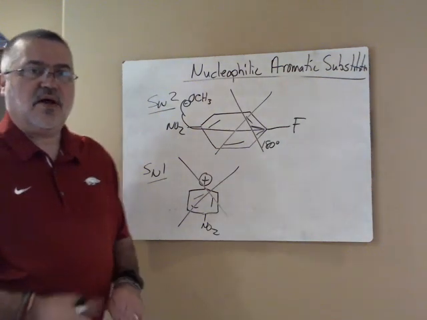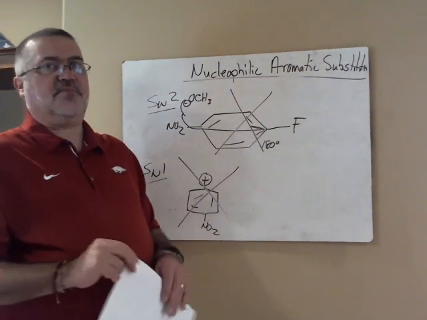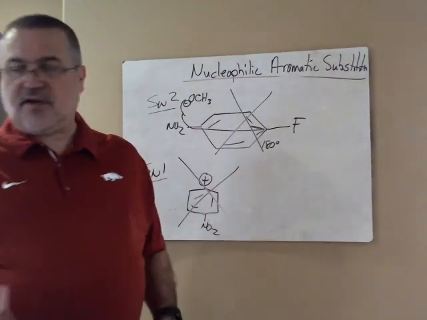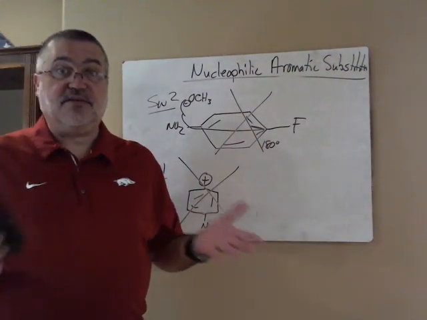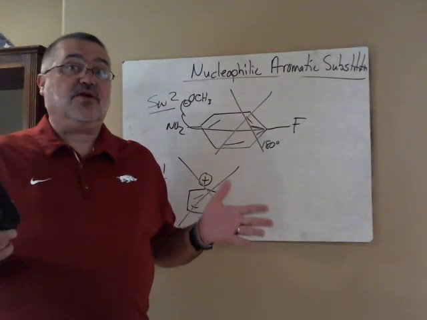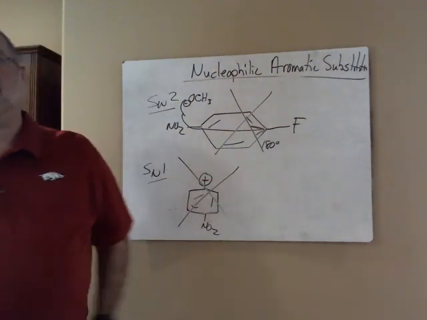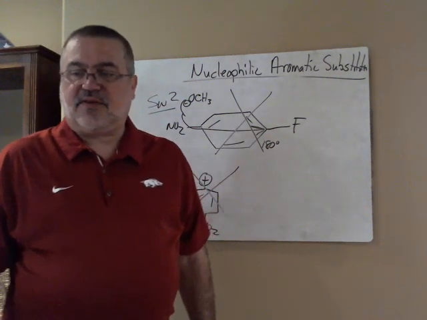And so next time, we will talk about how this mechanism is actually occurring. And we're going to see that it actually involves an addition and an elimination step, which if you do an addition and then an elimination, the result is you have a substitution. And that is where we will begin next time.